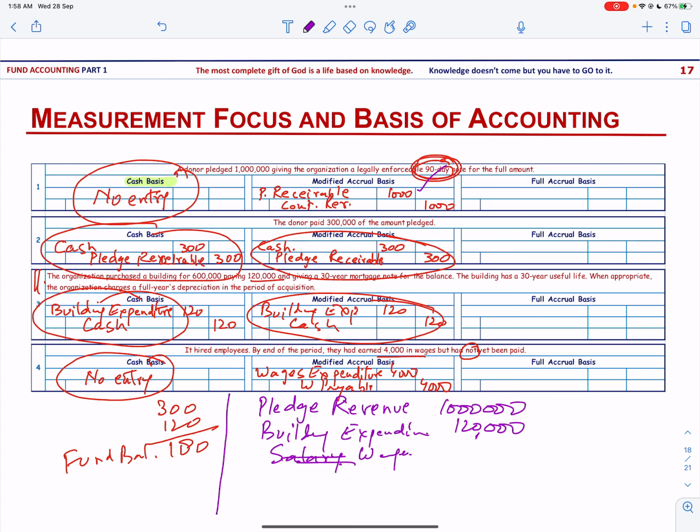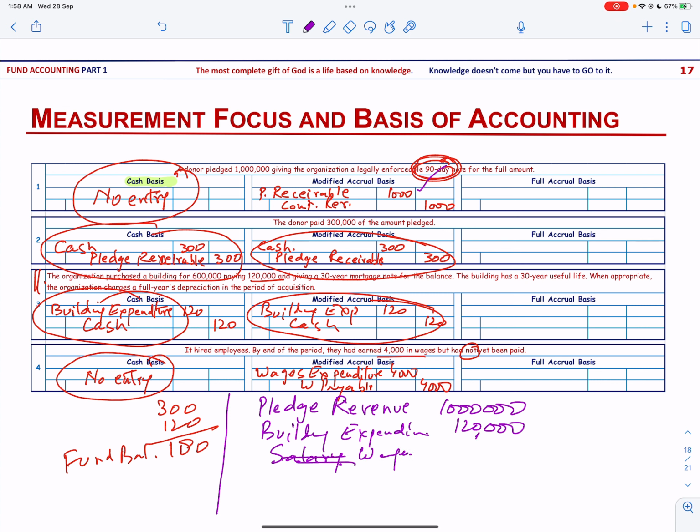If we prepare the statement of net position, we have notes receivable for 700,000 because the pledge was for 1 million. Of this, 300 we have received, so we still have a receivable of 700,000. Then we have paid cash.